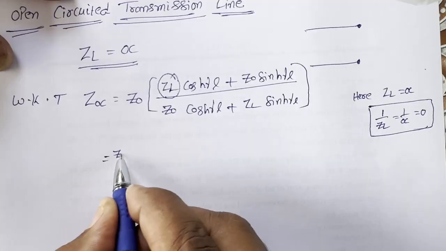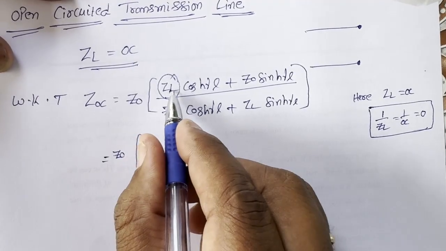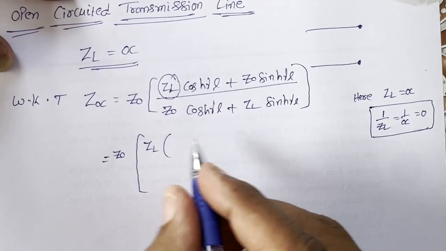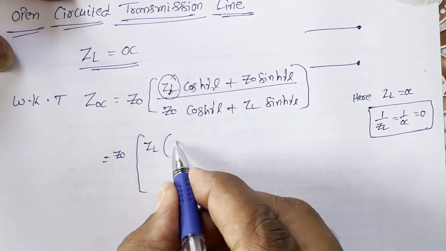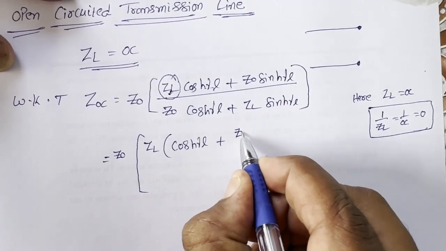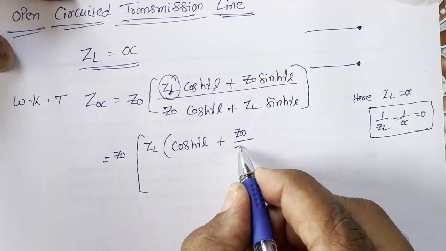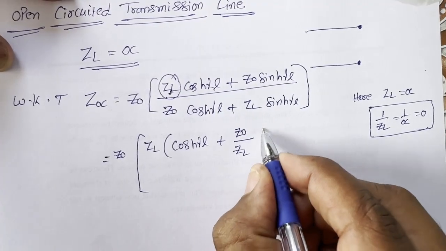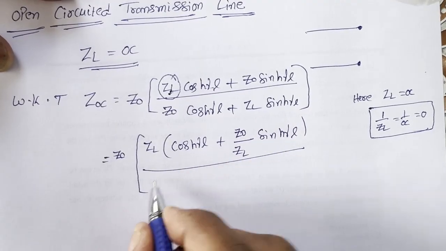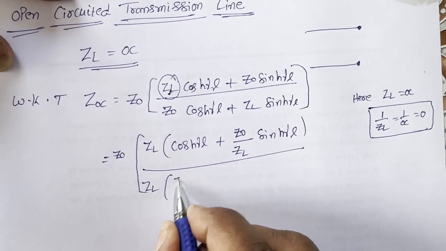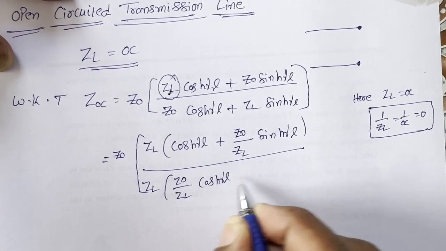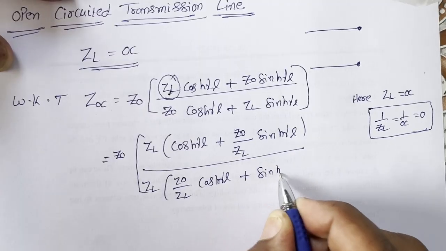So that is equal to Z0 into, taking ZL as a common term from the numerator, the rest of the term is cosh gamma L plus, here there is no Z0 term, so it will become ZL sinh gamma L, by, from the denominator also ZL, so Z0 by ZL cosh gamma L plus sinh gamma L.